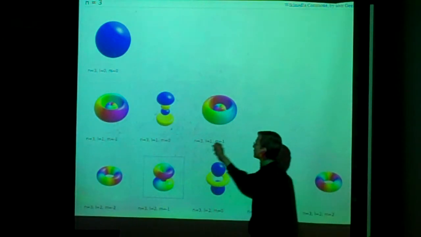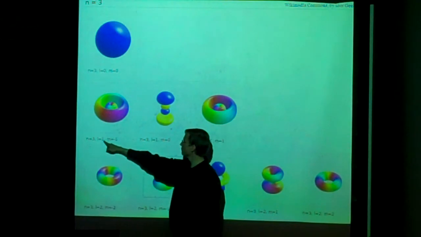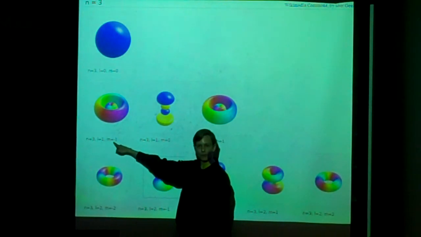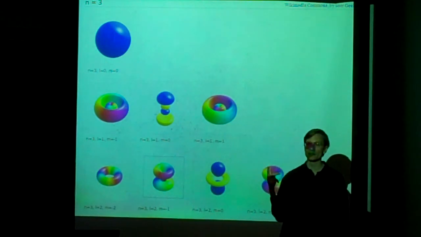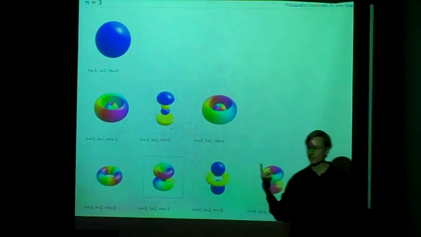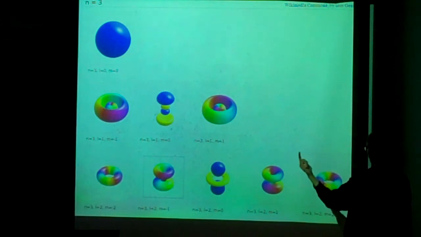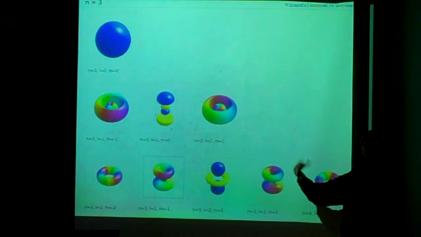On the other hand, here is n equals 3, L equals 1, m equals minus 1. So the azimuthal dependence is e to the minus i phi, which goes through 360 degrees of phase in one revolution around the z-axis, because it's just e to the i times minus 1 times phi.